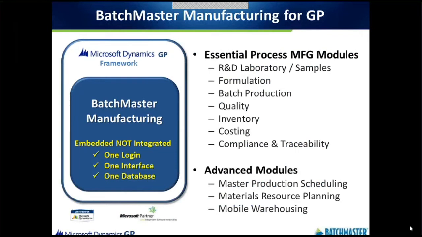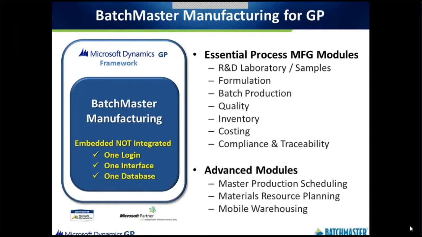Some of the essential process manufacturing modules that you can see: R&D laboratory, formulation, batch production, quality, inventory, costing, compliance, and traceability. And we have some advanced modules: MPS, MRP, and mobile warehousing. Since about 2011, we've had a partner relationship with Microsoft and been developing and enhancing this particular solution.